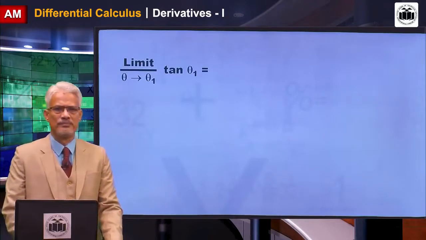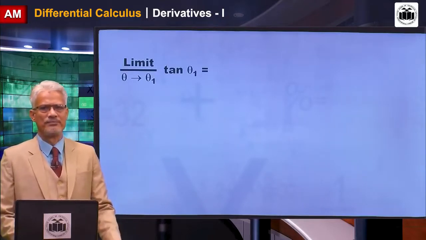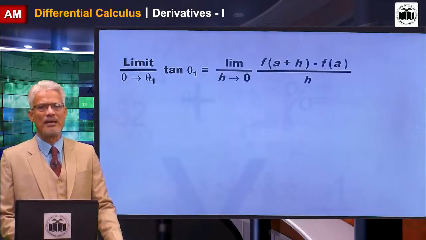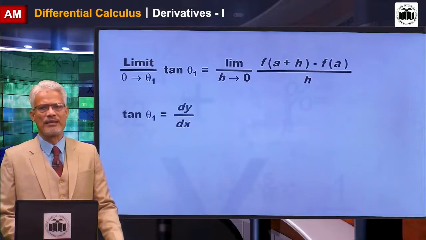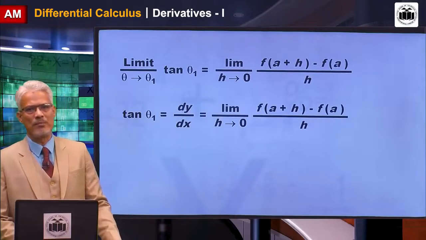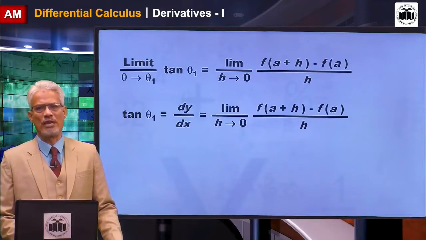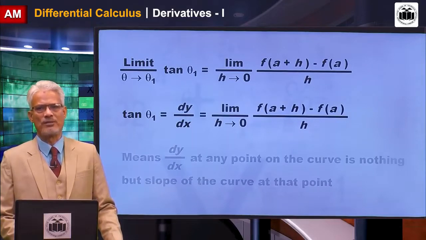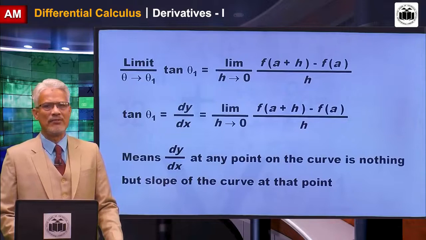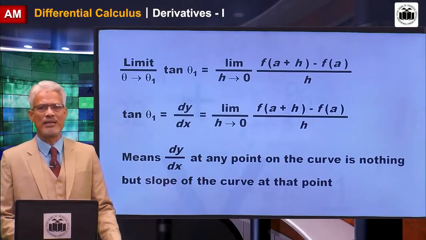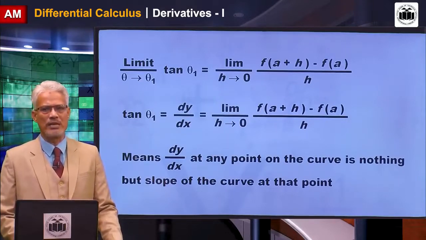Therefore, as theta tends to theta 1, tan theta is equal to limit h tends to 0, f(a plus h) minus f(a) upon h, is equal to tan theta is equal to dy upon dx is equal to limit h tends to 0, f(a plus h) minus f(a) upon h. Means dy upon dx at any point on the curve is nothing but slope of the curve at that point.